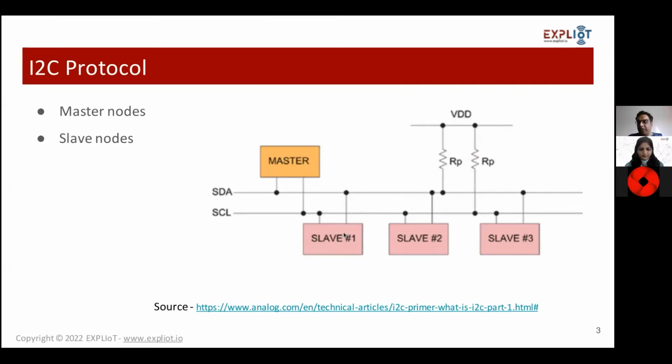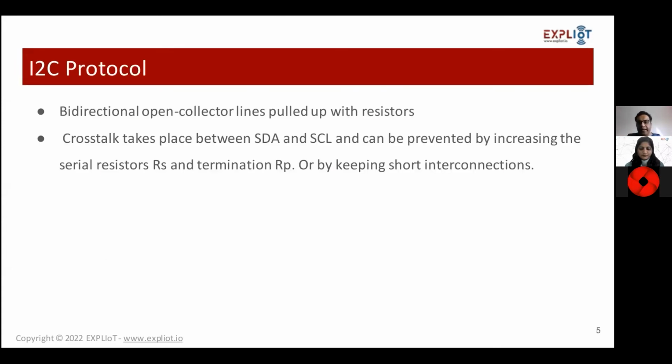There will be challenges such as crosstalk between these two lines, because these two lines are responsible for the whole I2C communication. So we use some combination of resistors, either in series or parallel as a potential divider, to solve those loading problems and avoid delays in the communication. What I'm speaking about will link to somewhere you'll understand, this can also be thought of as a parameter where one can attack the device as well.